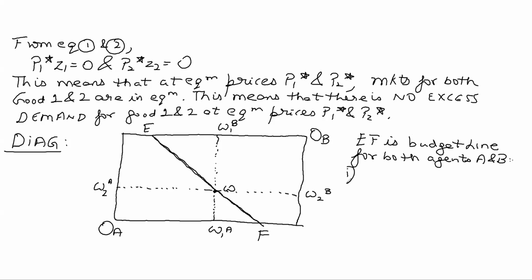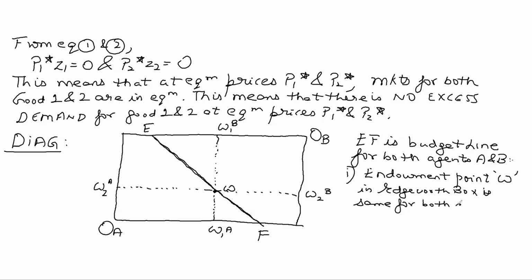First reason is that the endowment point omega in the Edgeworth box is the same for both agents A and B. It means this point represents the endowment for A also, and this point in the Edgeworth box represents the endowment for agent B also.